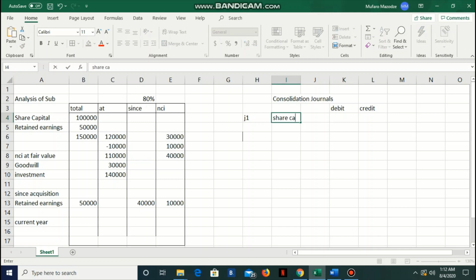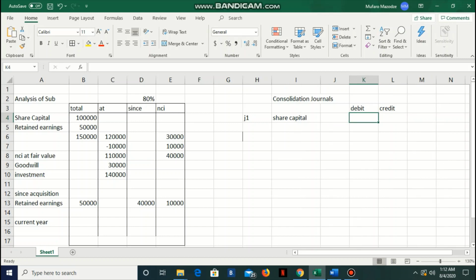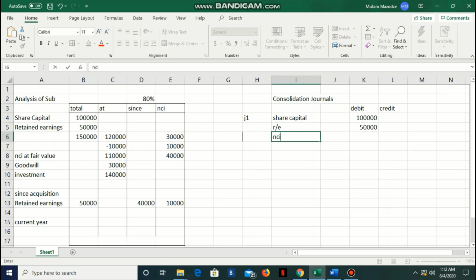It's going to be share capital, debit that with 100,000. Retained earnings, I'm just going to make this so that we go fast, it's going to be 50,000 rand. NCI is created at fair value, 40,000 rand.